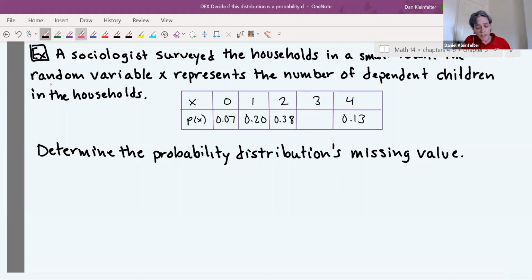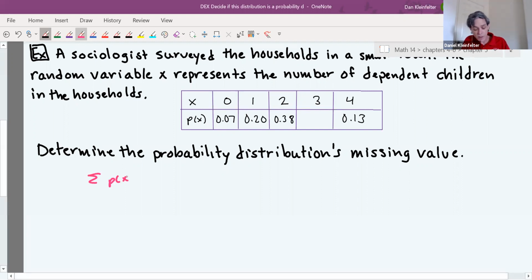So each of the P of X's is between 0 and 1, and we know that if this is a probability distribution, the sum of the P of X's will have to be 1. And so we should see what the probabilities are that we've got so far. So 0.07 plus 0.20 plus the others that we have here, 0.13, let's see what those add up to.